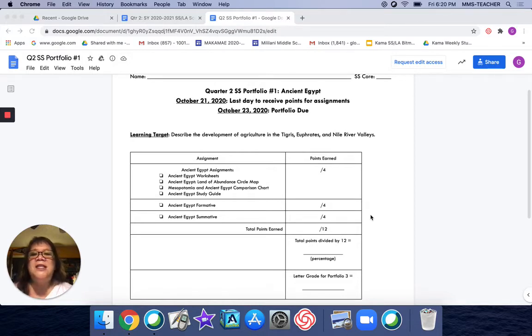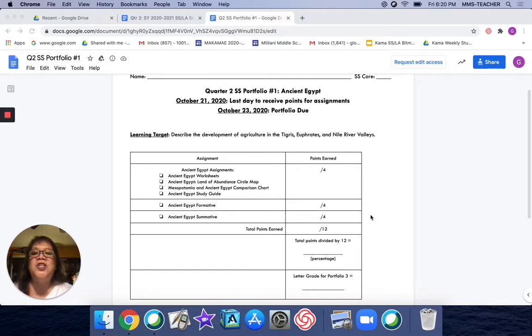Okay? So the learning target for this quarter is to describe the development of agriculture in the Tigris, Euphrates, and the Nile River valleys. Now, this portfolio is broken up into 3 categories. In the first category, it'll consist of the Ancient Egypt assignments, and there's 4 assignments under that.